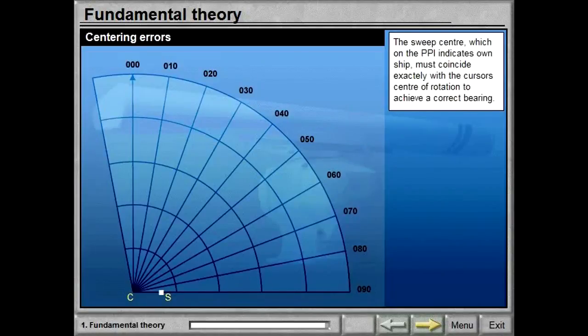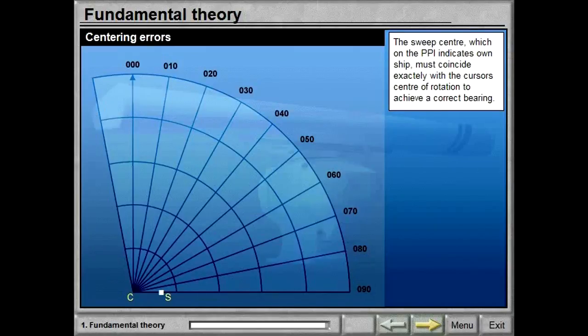The sweep centre, which on the PPI indicates own ship, must coincide exactly with the cursor centre of rotation to achieve a correct bearing. If this is not the case, the fixed cursor must not be used. If the radar is equipped with an electronic bearing line, this can still be used to obtain correct bearings.